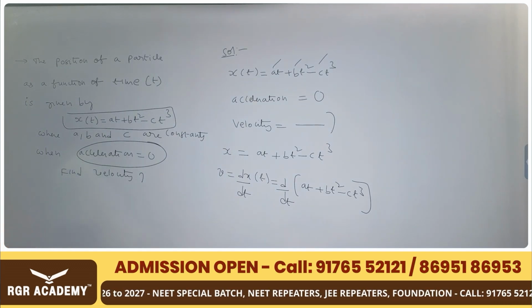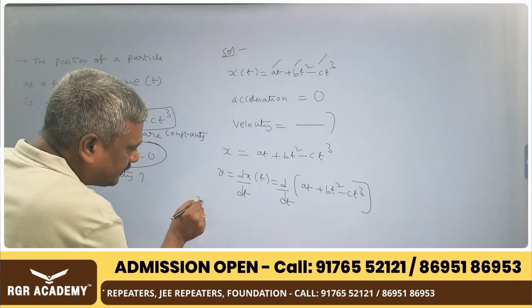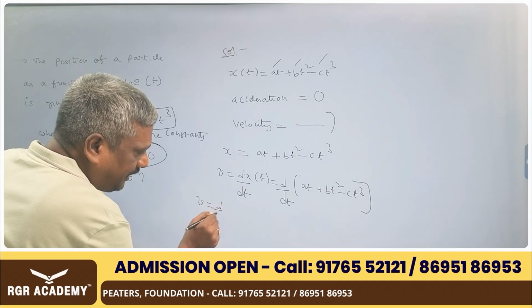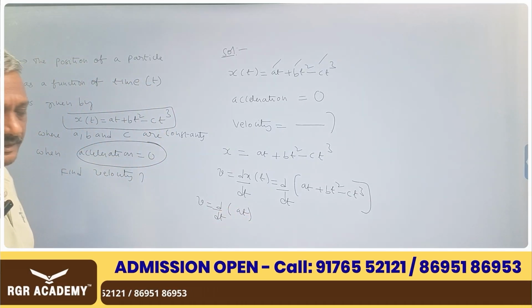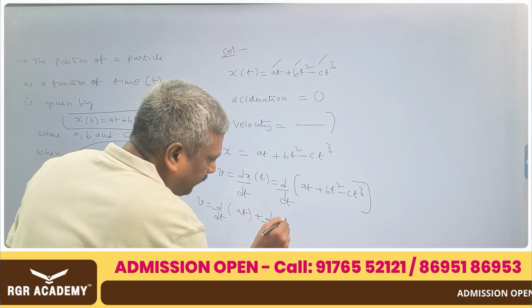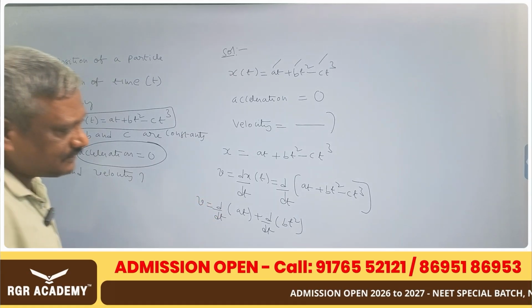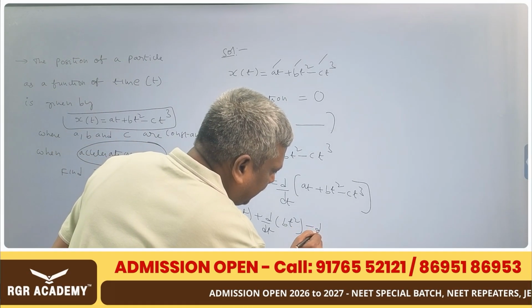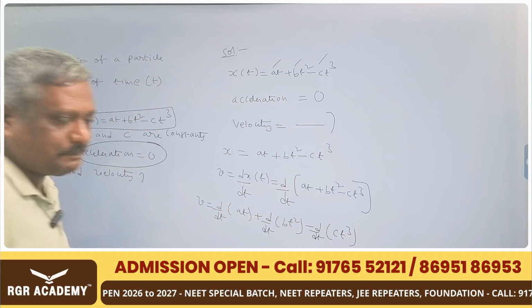Now let us split it. V is equal to d by dt of at, first one. Second one is d by dt of bt square. Third one is d by dt of ct cube. You can split like this.